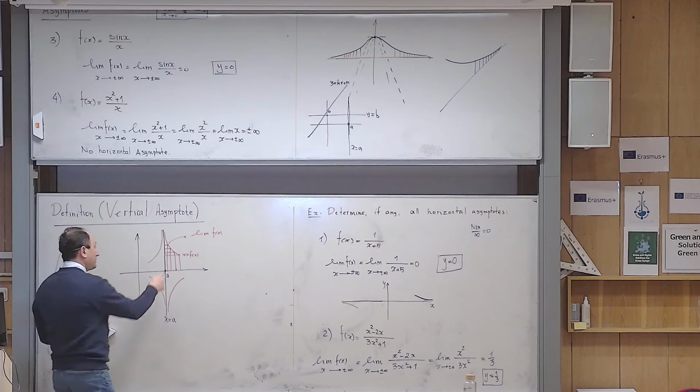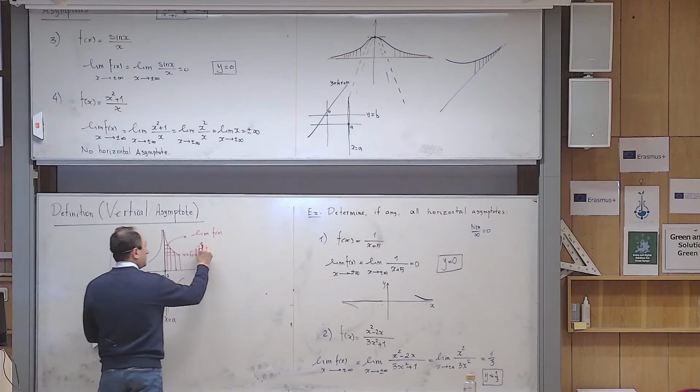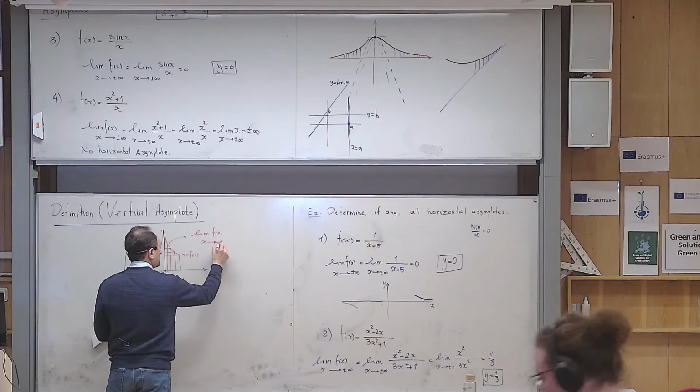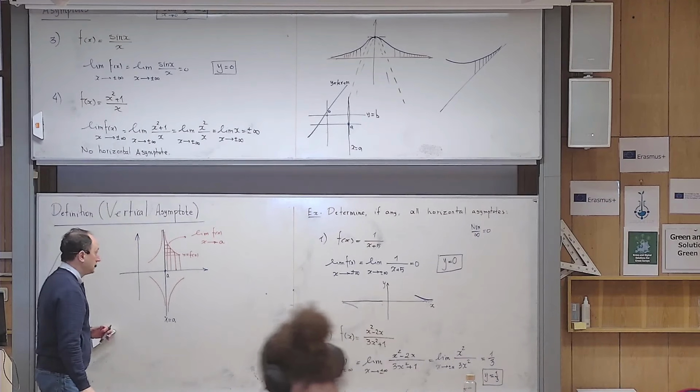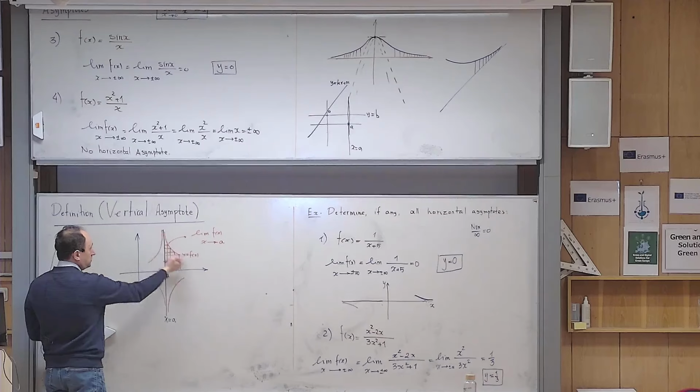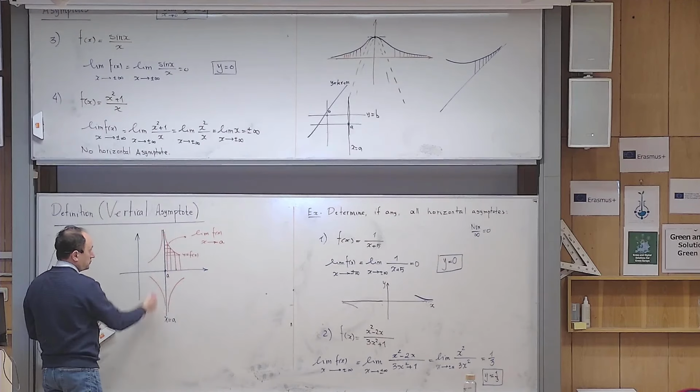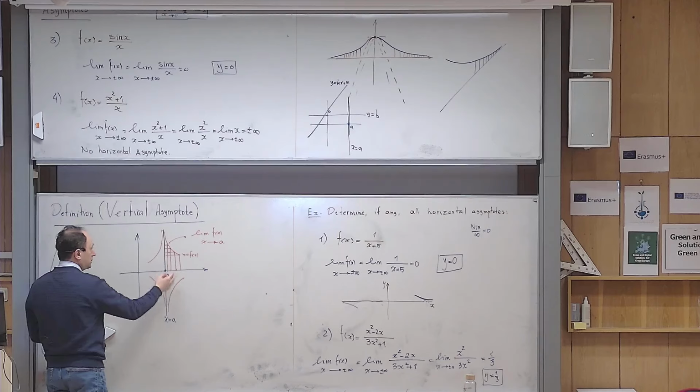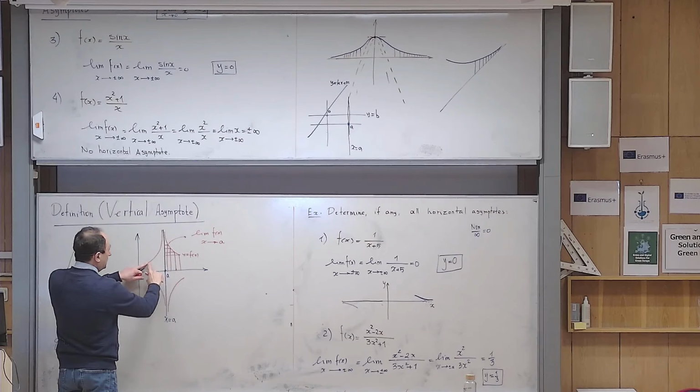But I am getting close to A. The symbol that you use to show that you are getting close to A is this symbol. But you want to distinguish this behavior from that behavior, from this behavior, from that behavior. So here, for example, when I get close to A, the distance is also becoming smaller, you see?